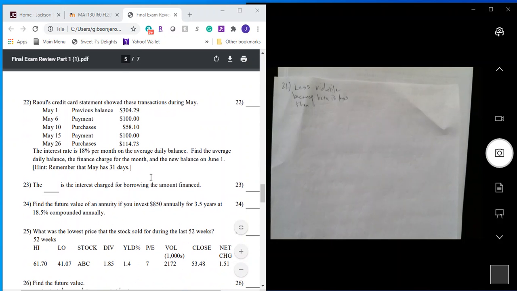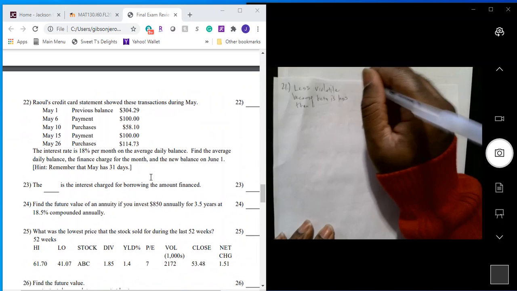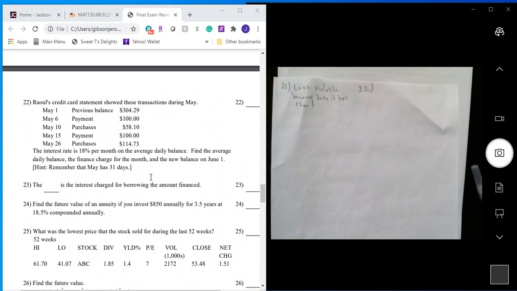Okay, 22. It says Raul's credit card statement showed these transactions during May. Okay, listen, I'm not going to do 22 because we've already done a problem similar to 22. If you want to see that problem again, it's the exact same type of problem, just a different month. So if you go back, problem number 10 covers this.